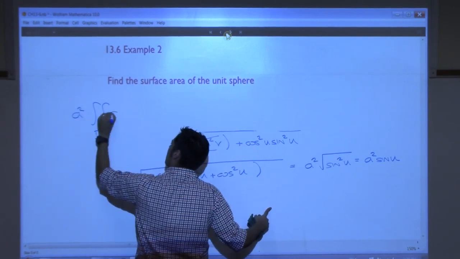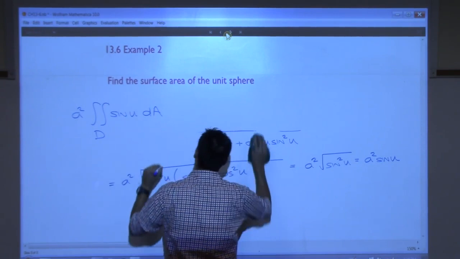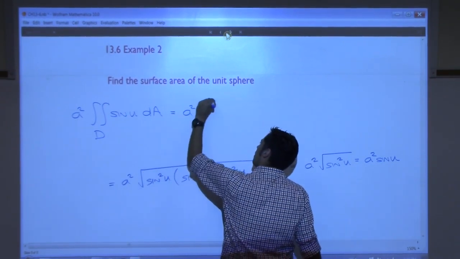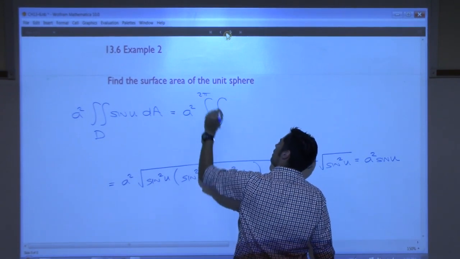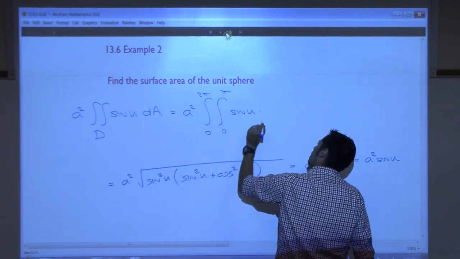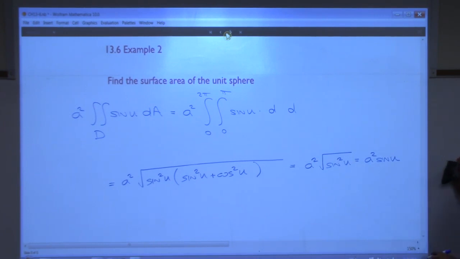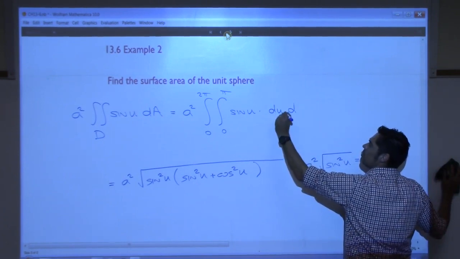I'm going to pull that out because that's a constant, sine u dA, which in this case I know my restrictions, and they're both constants. So 0 to 2 pi, 0 to pi, sine u, I have to go d what here with the order I chose here. d u dv.